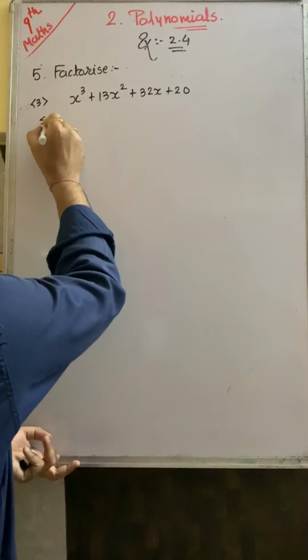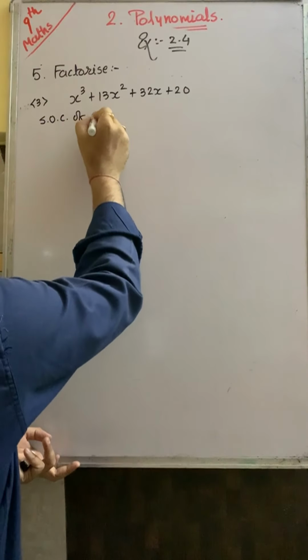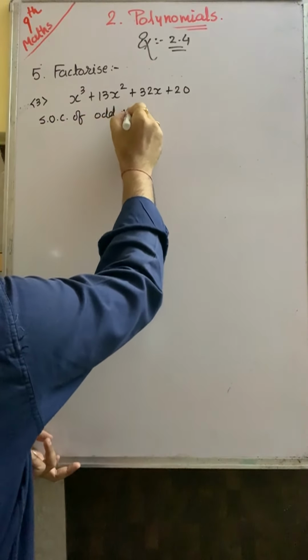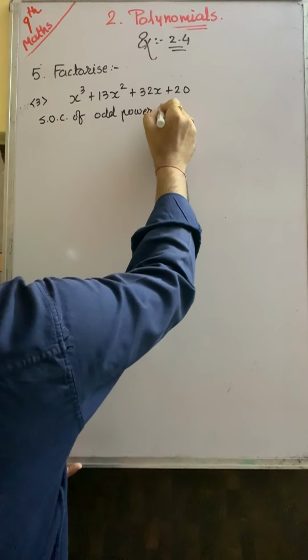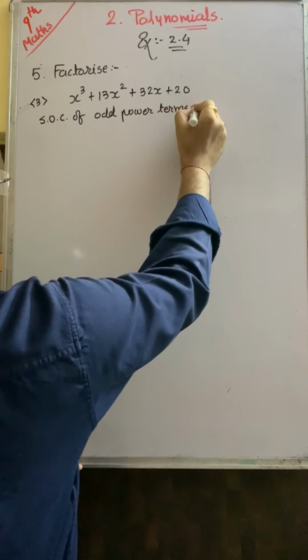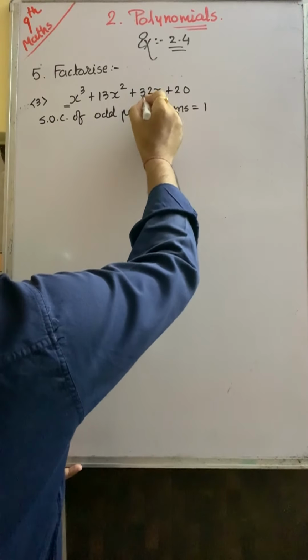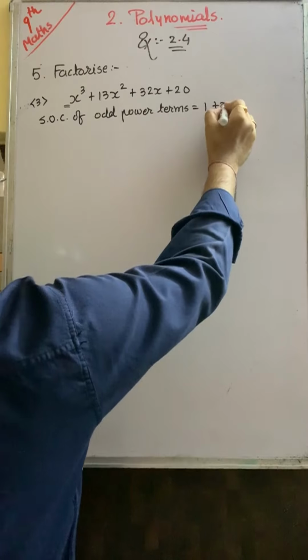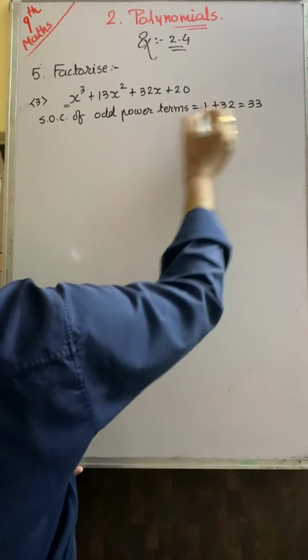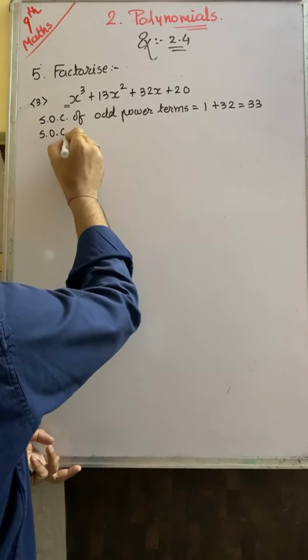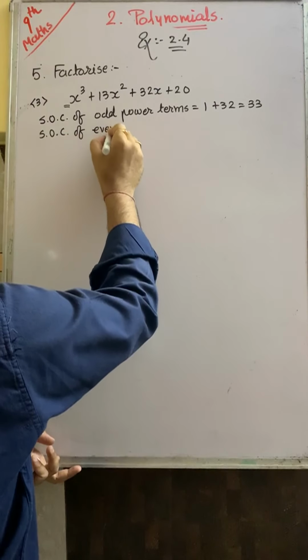Is it okay? So write down the sum of the coefficients of odd power terms. Odd power 3, its coefficient is 1. Here power 1 is odd, coefficient is 32, total is 33. Now the sum of the coefficients of even power terms.